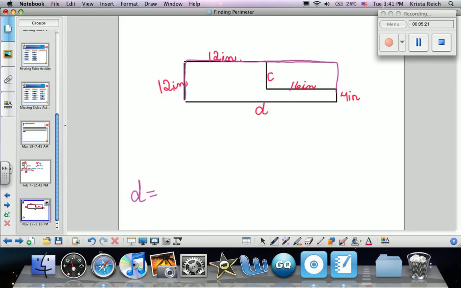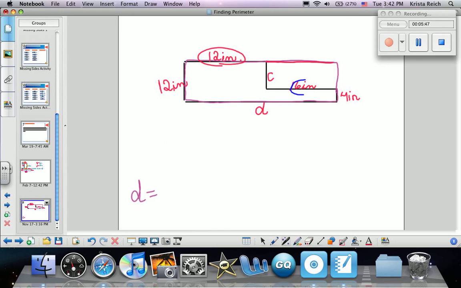Now, they gave us a part up here, which was 12 inches. But here's another part that I don't quite have yet. Can you see what this part would equal? The number is already given. Can you see it? Right in here.